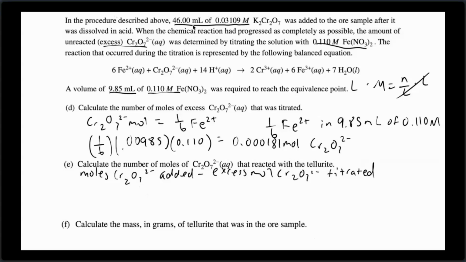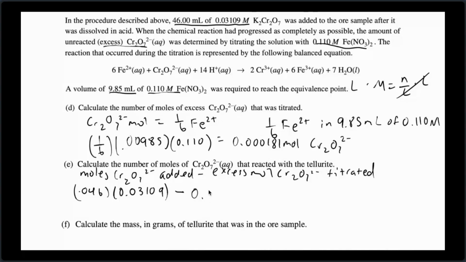Now, the moles that were added were given above, so it's basically 0.046 times 0.03109, and obviously we put 0.046 because this is liters, and we're given milliliters, so we need to convert that. Divide 46 by 1000, you get 0.046, and we want to subtract that by our answer from part D, because this is the answer that we found from calculating the number of moles in excess of the Cr2O7 that was titrated.